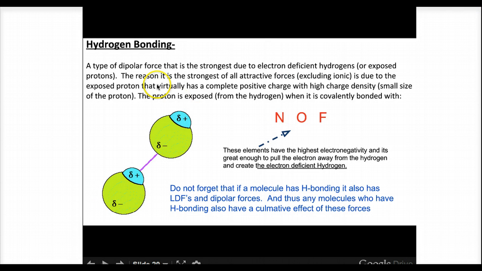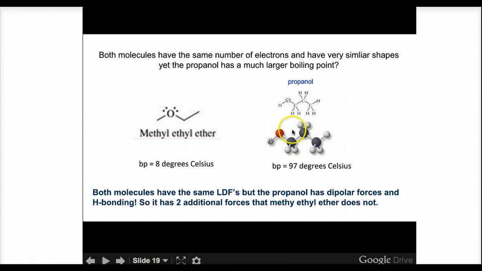So hydrogen bonding is a dipolar force. Essentially, the molecules that we just looked at, methyl ethyl ether and propanol, these two only differ by one having hydrogen bonding. So this H to O scenario right here creates an extra molecular attraction that they have that this one doesn't have. And that's what adds to, of course, its higher boiling point.